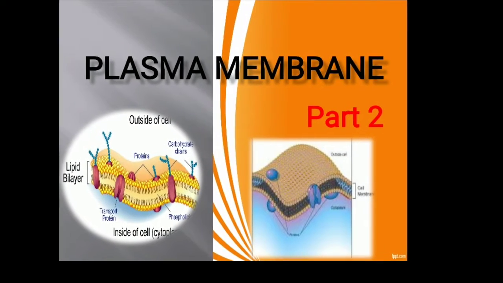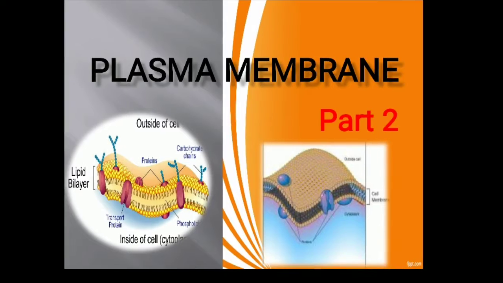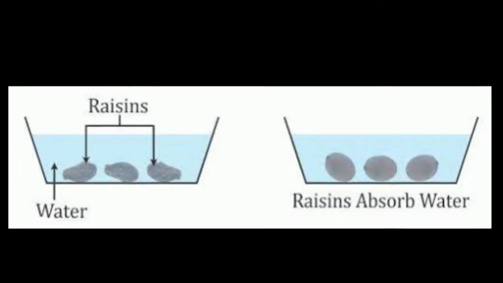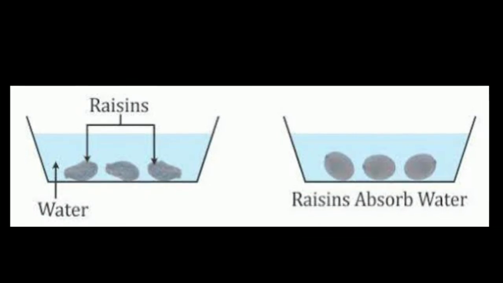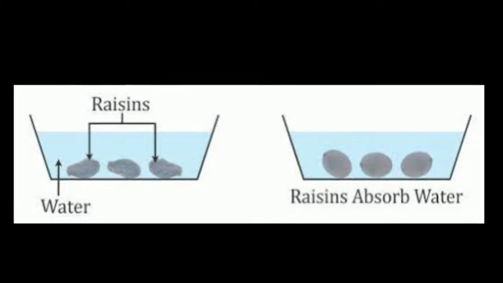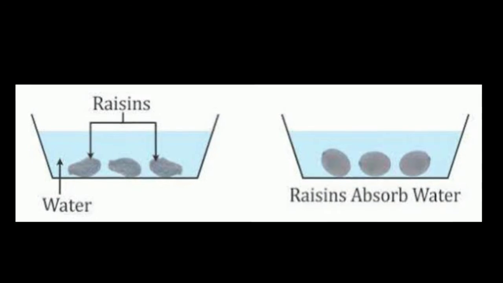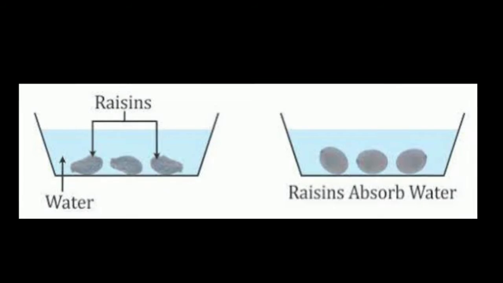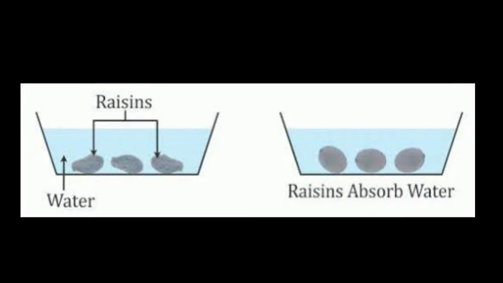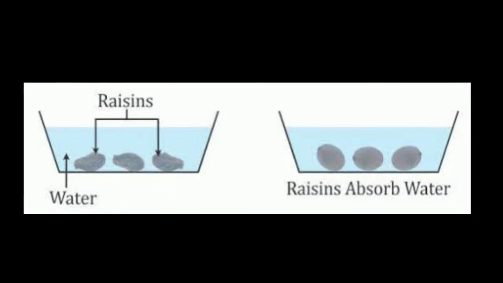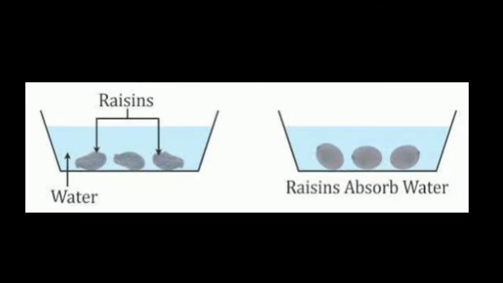I welcome you all to the second part of the lesson, Plasma Membrane. Dear children, in the previous session, we have understood about the movement of water in the material like kishmish. If you observe the dry kishmish which is kept in the tap water, the water molecules enter into the dry raisin and make it swollen.